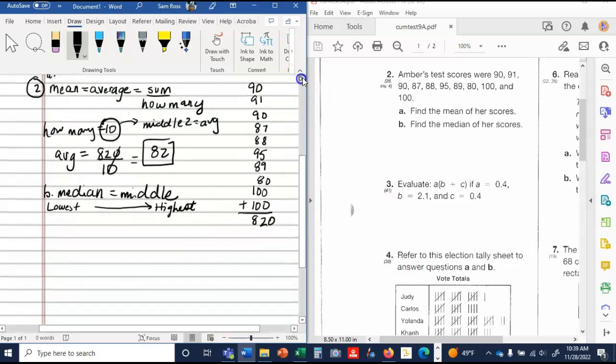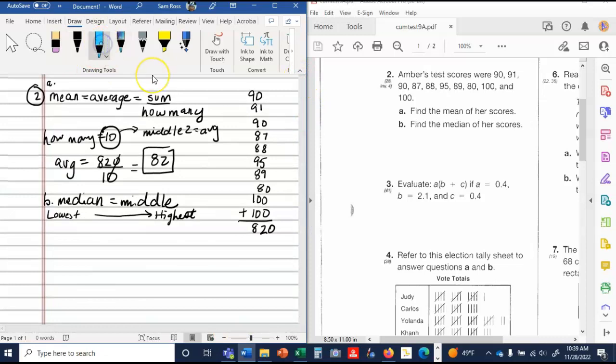So as I go through my list, I'm going to cross them off. My lowest one is 80, so I'm going to cross that one off. Then 87, 88, 89, and I have 2 90s, 90, 90, 91, and then 2 100s.